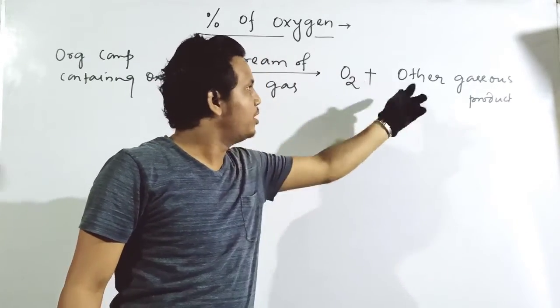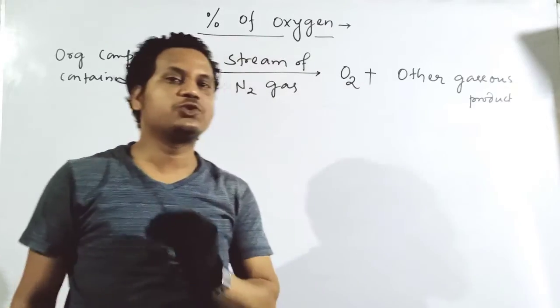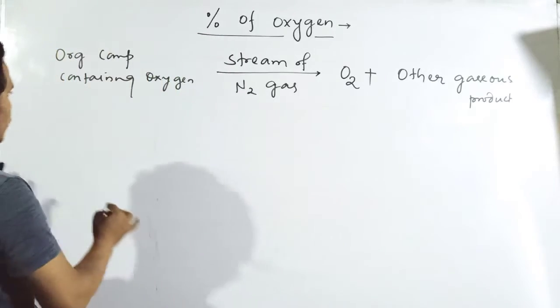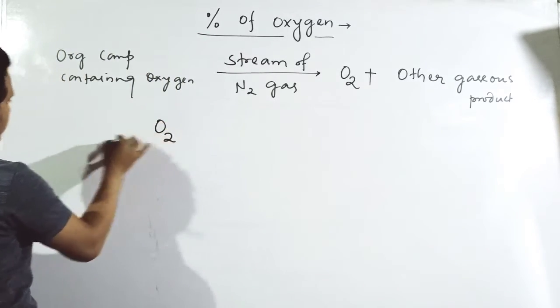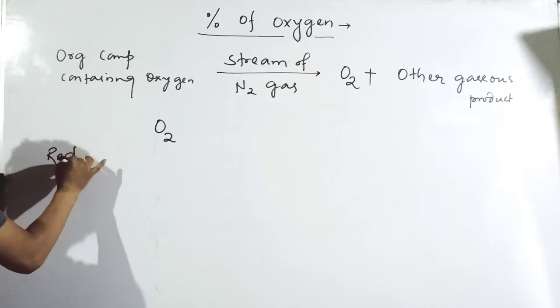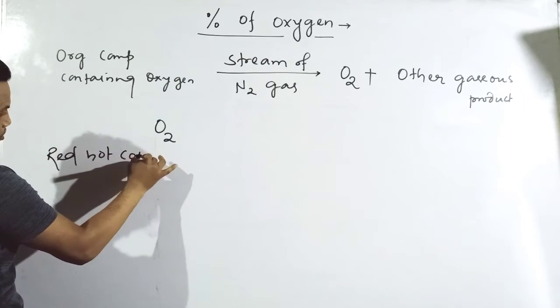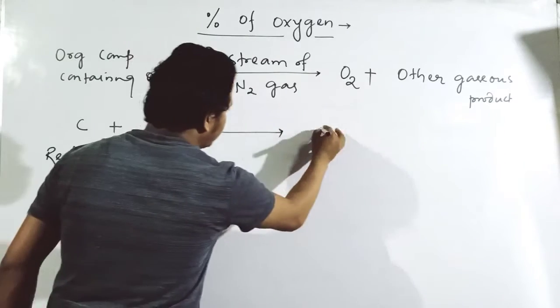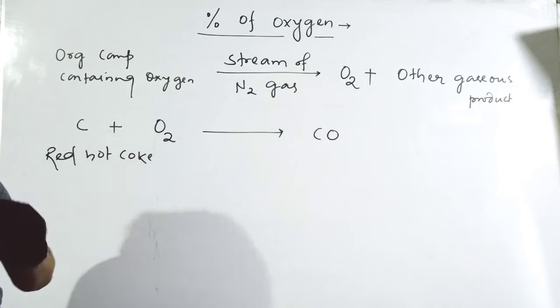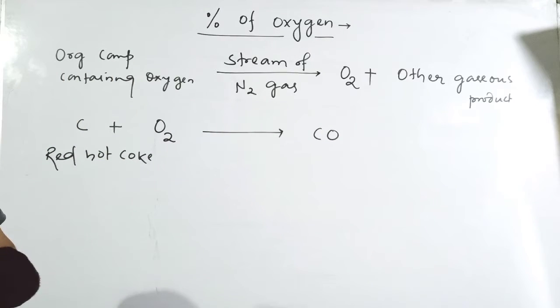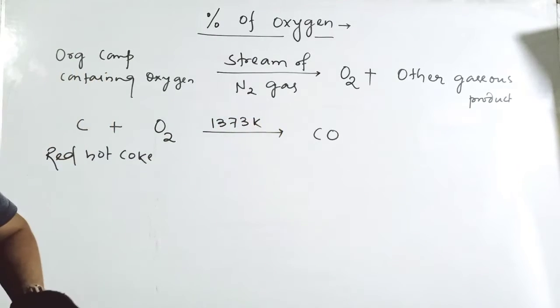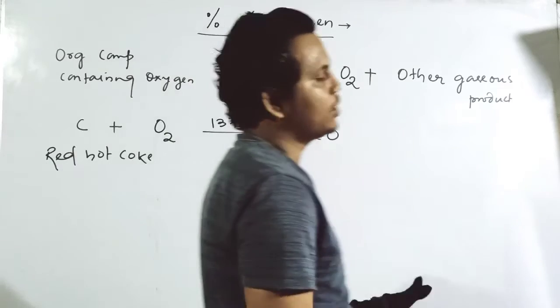Then this oxygen produced is treated with red hot coke, meaning carbon. The oxygen will be converted to carbon monoxide at around 1373 Kelvin, because red hot carbon is there, so a high temperature is required.